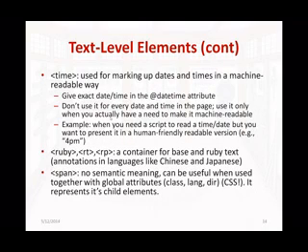Brand new ones, time. Time is a brand new element for HTML5. It's used to mark up date and time in a machine-readable way, but it also lets you provide a reader usable way through the value attribute.